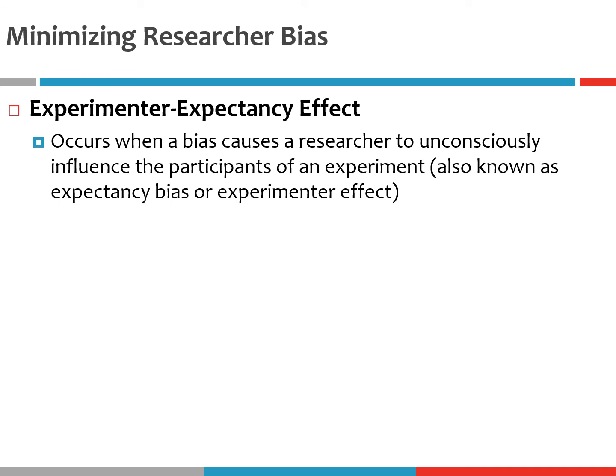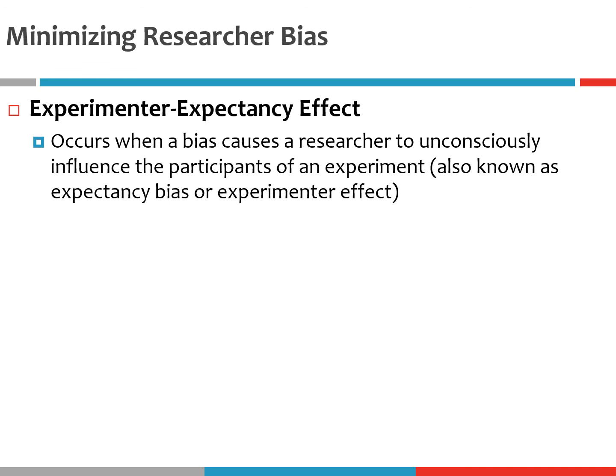You don't know what you're giving the participant, and the participant doesn't know what condition they're getting. This is the best way to run any kind of randomized study when you have a between groups factor. You want to make it double blind. That eliminates bias. It eliminates your expectation as a researcher and your influence on the participant, and also eliminates the participant's expectation of what treatment they're getting, because they just don't know.